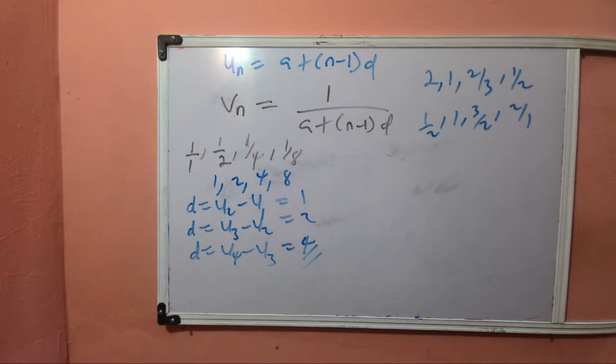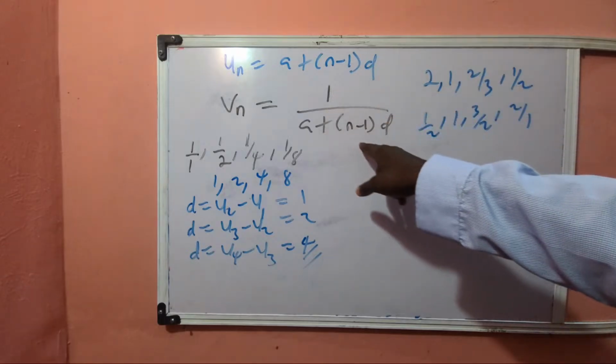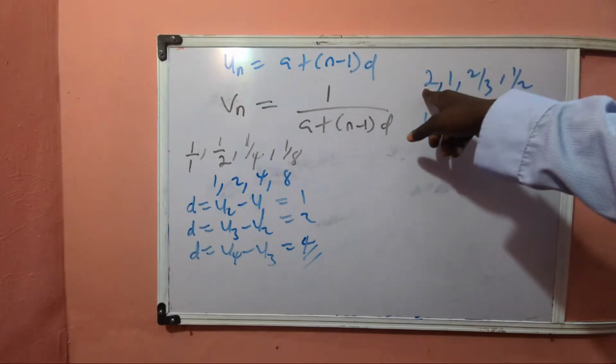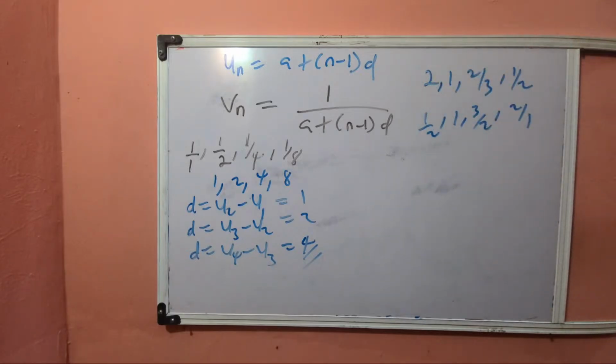The first thing I wanted to look at by default was whether we would be getting 1 over this. But because 2 doesn't have a 1 over, you would probably want to make a conclusion on that. But don't forget, that was not the basis on which you define a harmonic sequence. You define it as a sequence in which the reciprocal will give you an AP.